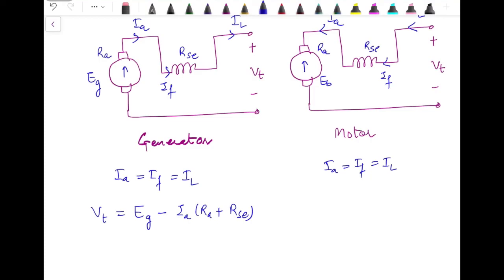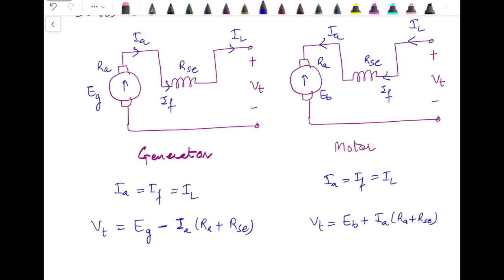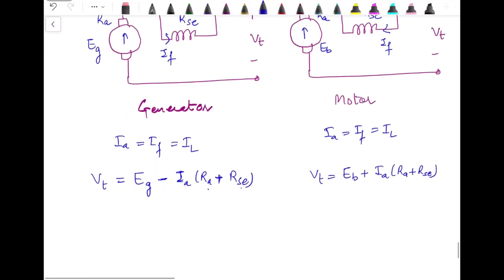While in the case of the motor, VT is equal to EB plus IA into RA plus RSC. This is due to the fact that the direction of current is now reversed, and RA plus RSC because two resistances are now connected in series.